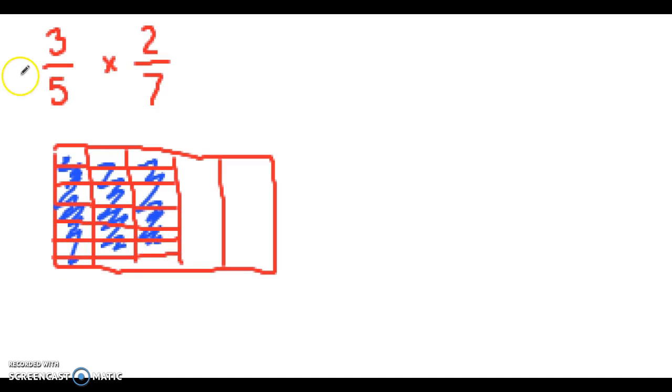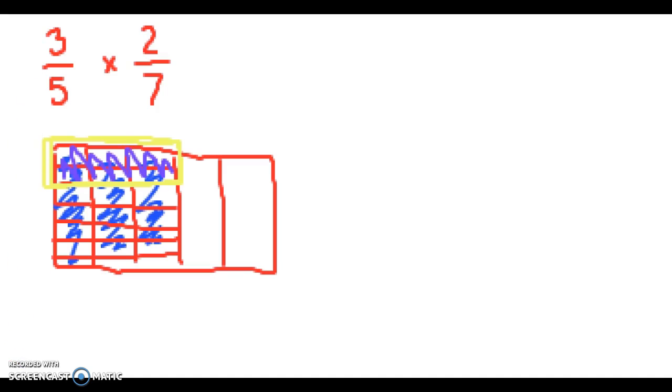And because we want 2/7, we are just going to fill in 2 of our 3, and then this becomes what we're focusing on. So these are the pieces that we want.